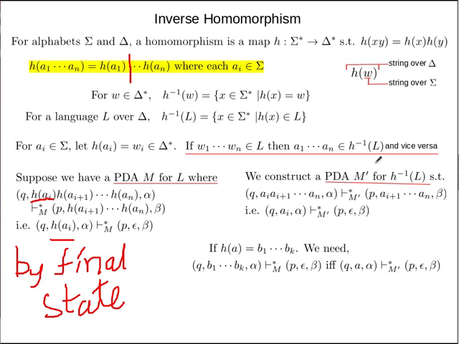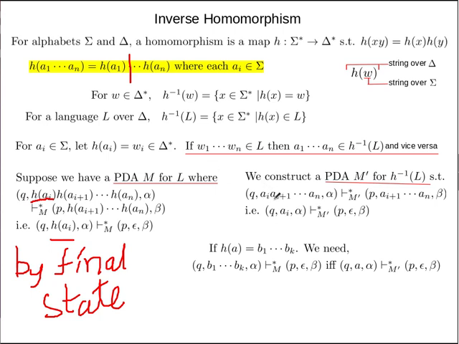Okay, so we will construct it in such a way that the states here include all the states here. So there will be extra states here, we will see later, but at least it has all the states that are here. So it starts with this state Q and the same stack alpha, and after just consuming this AI, it goes into state P and stack beta, same as this one, but instead of consuming HAI, it just consumes AI.